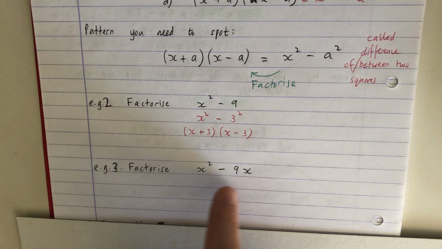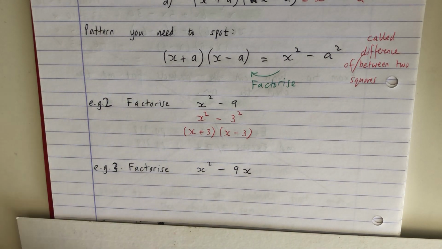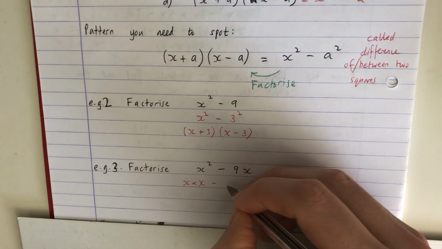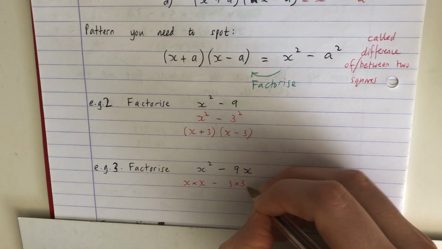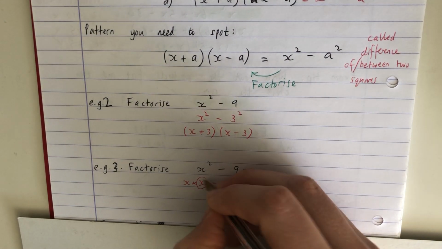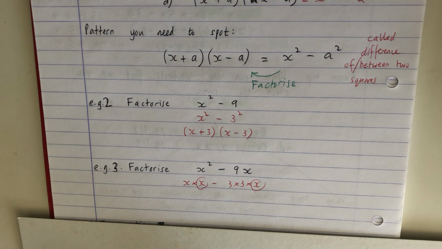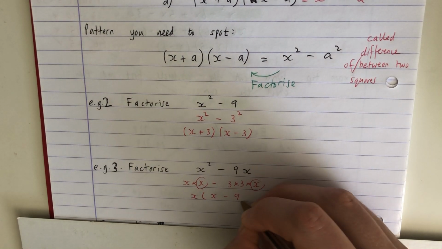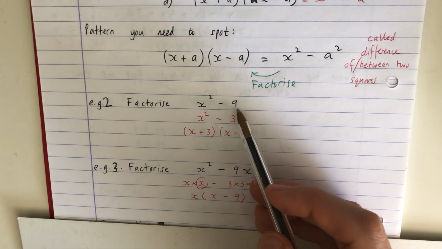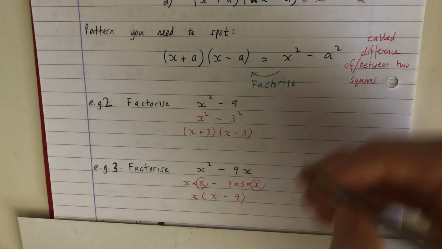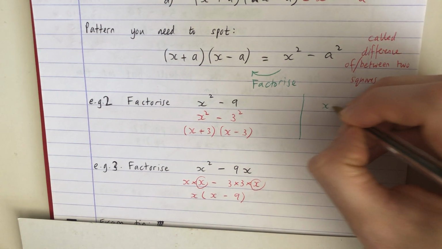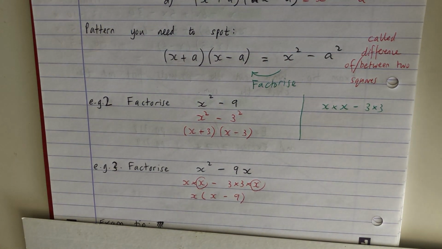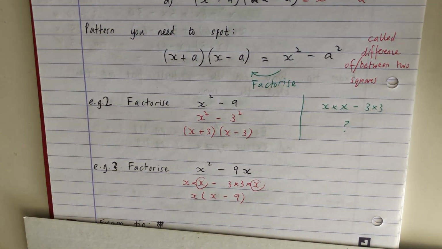This one, there is a common factor between these two terms, because if I wrote it out in full, x times x minus 9 times x, there is something in common. x(x - 9) would be that answer. Whereas this one, if I try to write this one out in full, x times x minus 3 times 3, there's nothing common. So I wouldn't know how to do it.